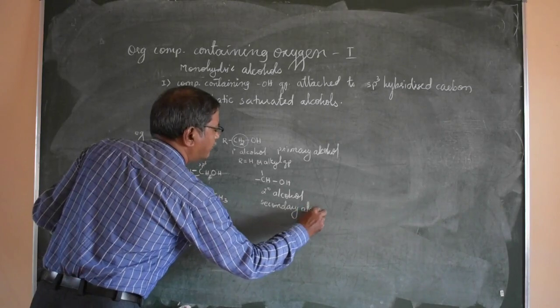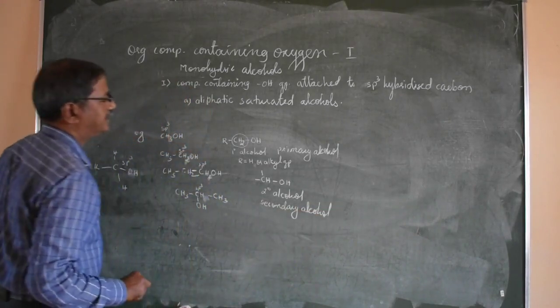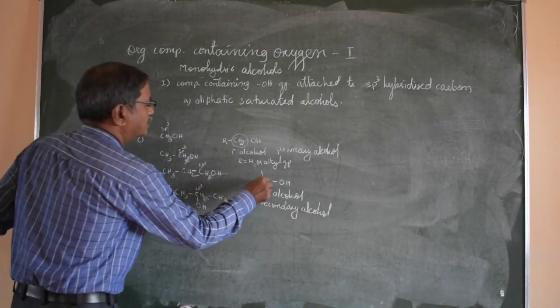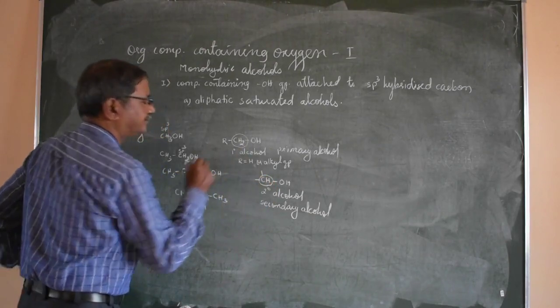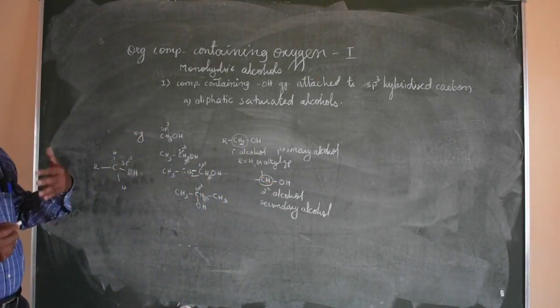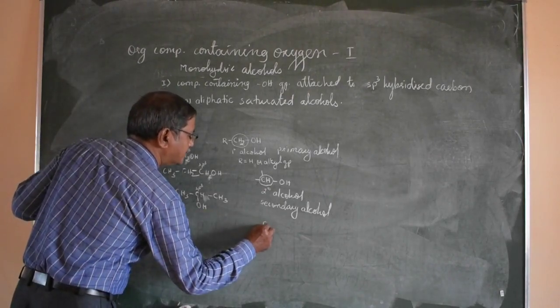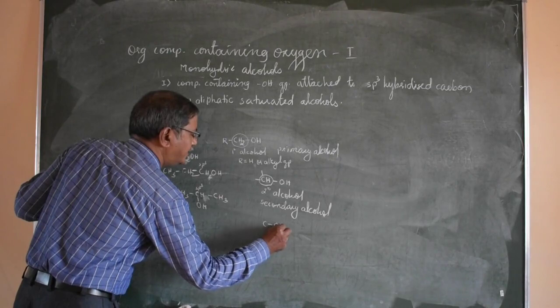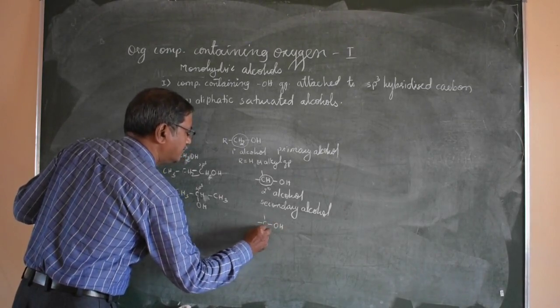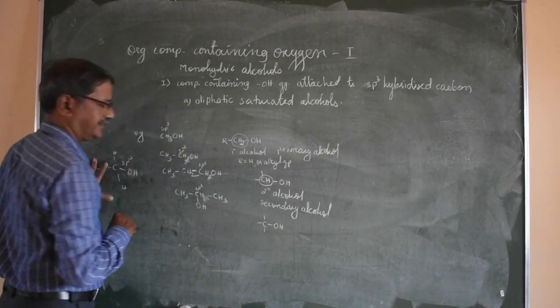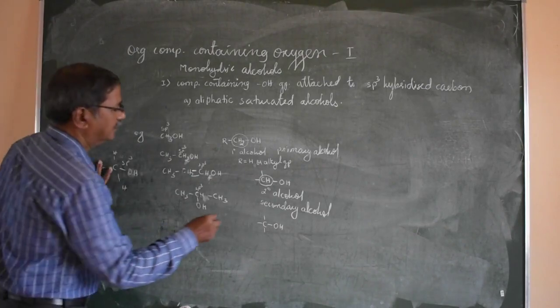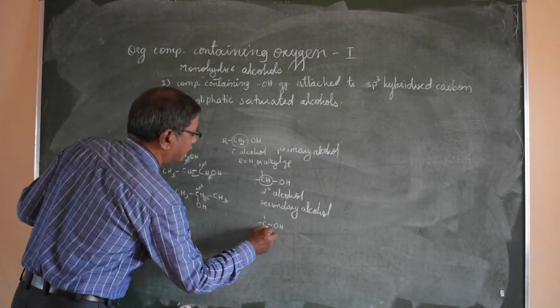What you have to remember? OH attached to CH, so this is called 2 degree. Then we have 3 degree alcohol. In 3 degree alcohol, there is no hydrogen present on the carbon which is attached to the OH.